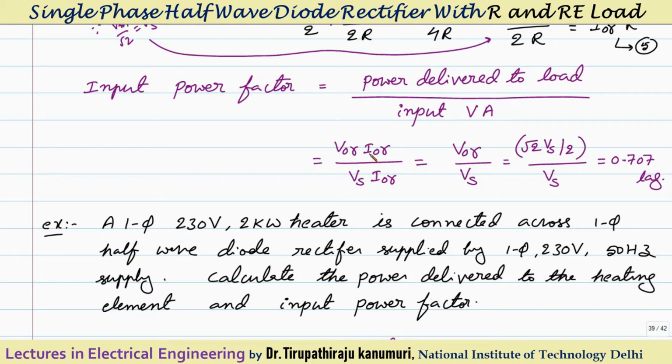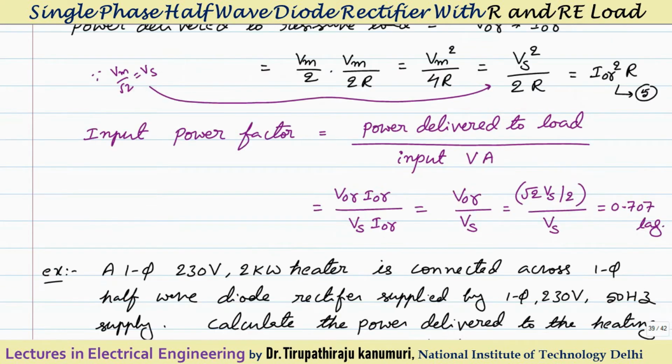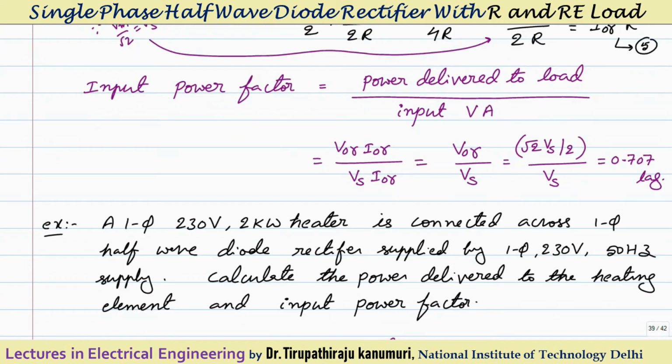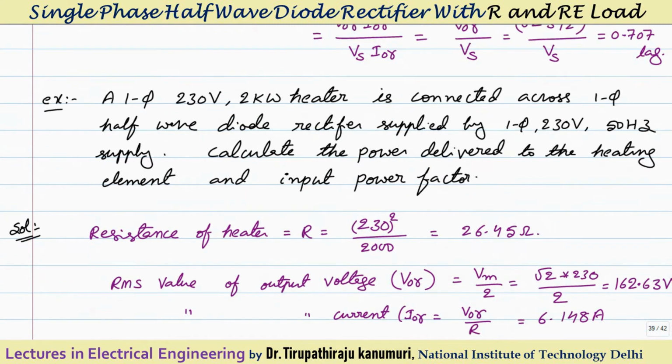IOR is the same, so this will be VOR divided by Vs. VOR RMS value is nothing but V maximum by 2, and V maximum is root 2 times Vs. So this will be root 2 times Vs divided by 2, divided by Vs. You will get 0.707 lagging. That means whenever you adopt a half wave rectifier to supply a resistive load, it is not at unity power factor, it is operating at 0.707 lagging.